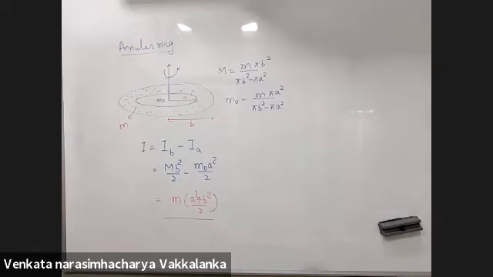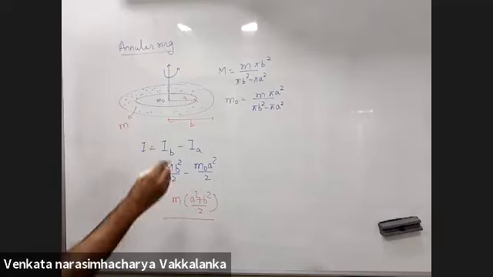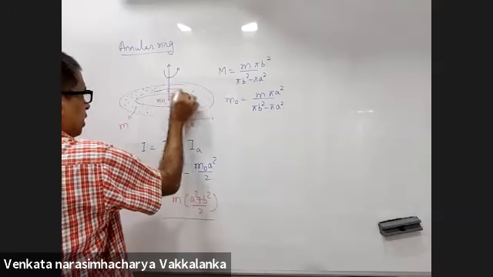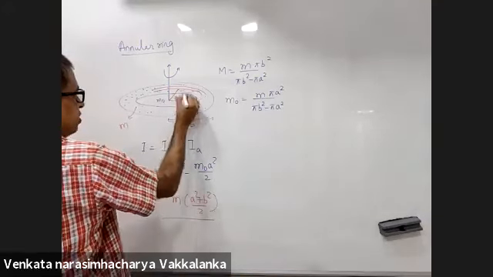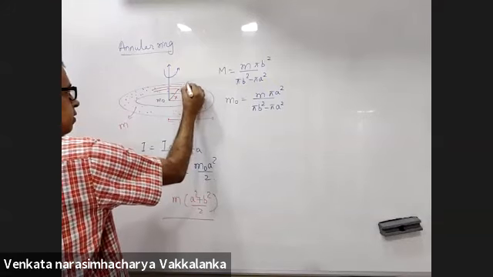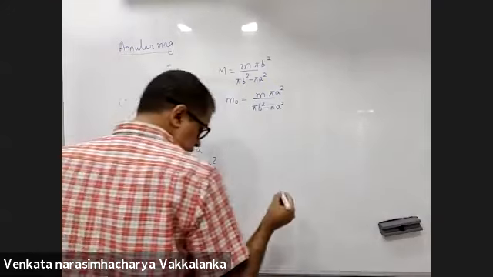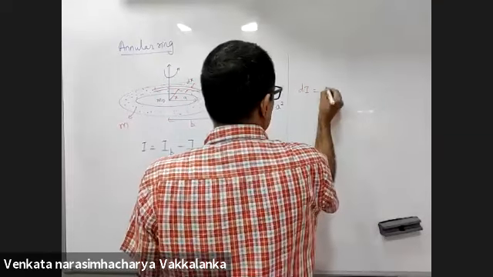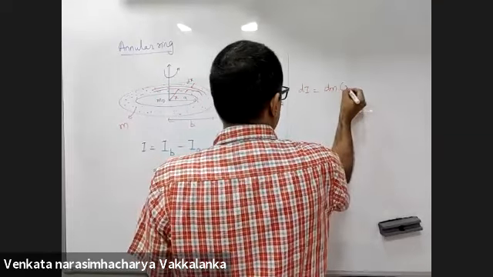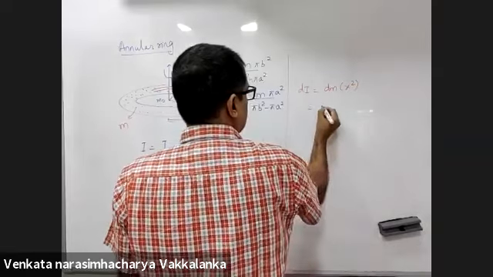Can you show that by the second method once, sir? I'm stuck at a place. Consider an elemental ring of radius x and thickness dx. dI will be dm into x square.